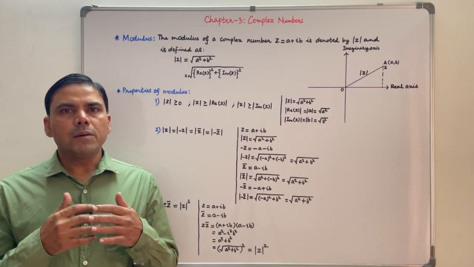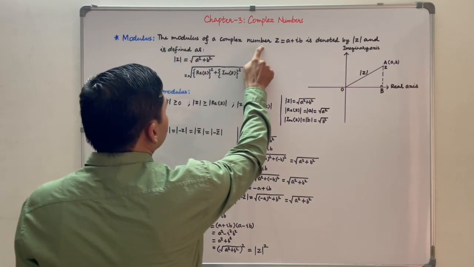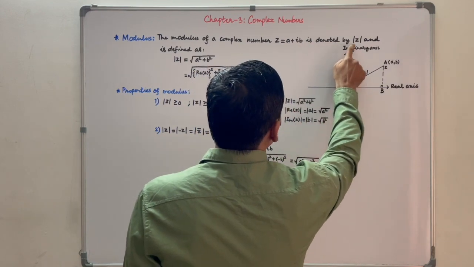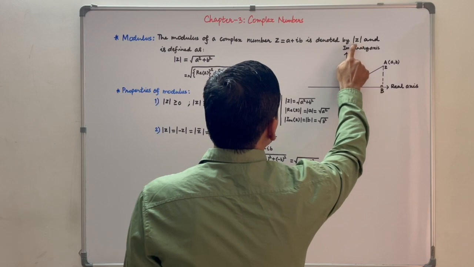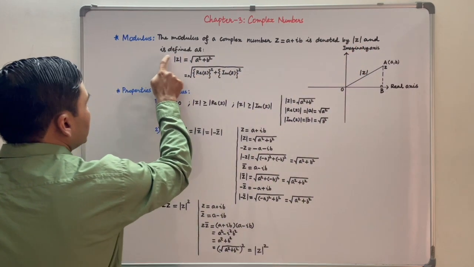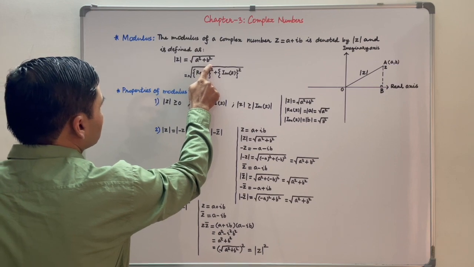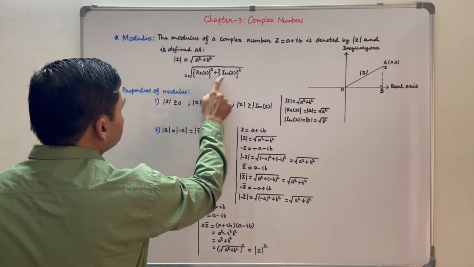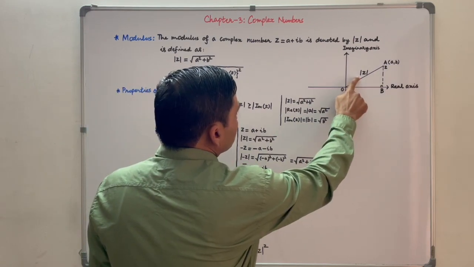Let us understand modulus of a complex number. The modulus of a complex number z is equal to a plus ib is denoted by mod z, two small vertical lines on either side of z, and it is defined as mod z is equal to under root a square plus b square, and that is equal to under root real z square plus imaginary z square. This is pictorial representation of mod z.